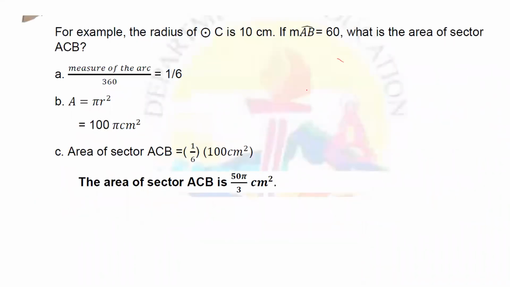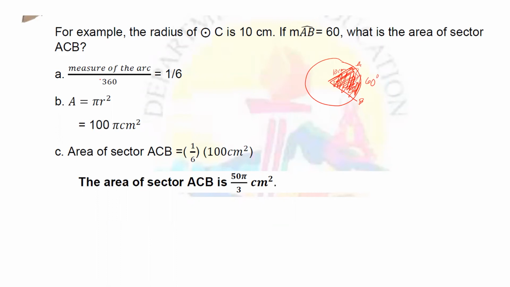For example, arc AB. What will be the area of the sector in the shaded region? If this is 60 degrees, AB, and the radius is 10 centimeter, what will be the area of this shaded region in sector?